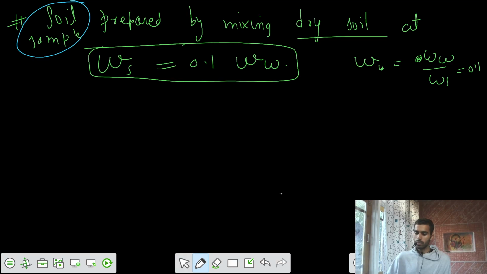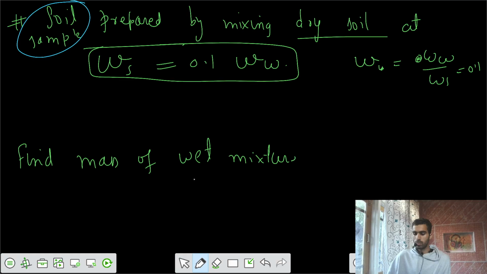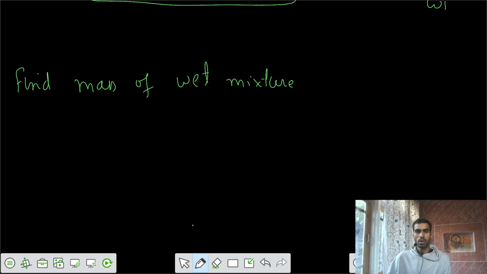After that, find the mass of wet mixture. For how much volume? We have to prepare one cylindrical sample such that the diameter is 15 centimeter and the height is 12.5 centimeter.